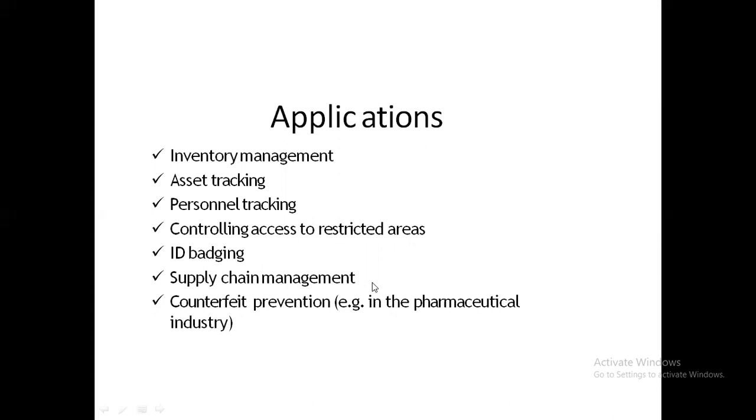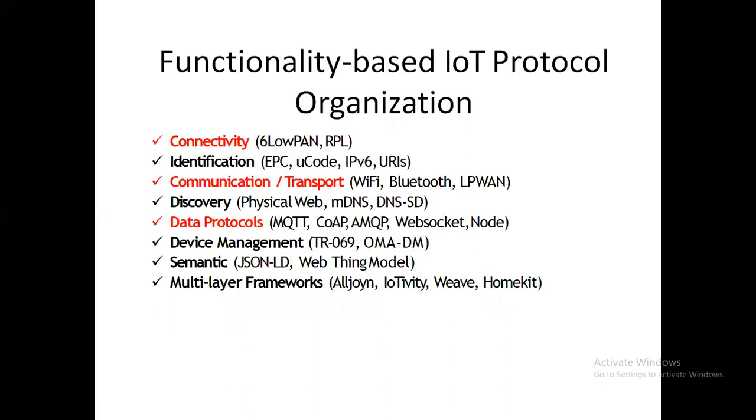Okay. So now we'll see the functionality based on protocol organization, that is, how the basic functionality happens based on IoT protocols. These are connectivity, identification, communication, discovery, data protocols, device management, semantic and multi-layer framework.